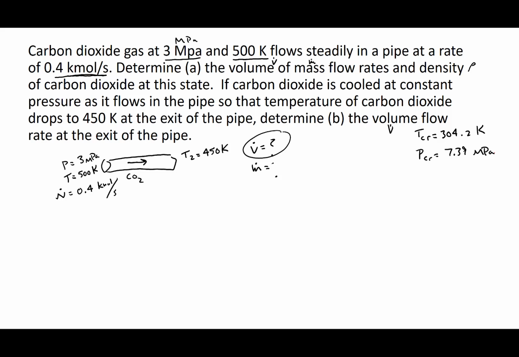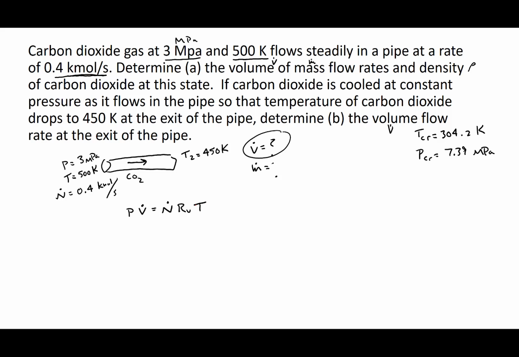So the form of the ideal gas law that we want to use is P V dot, because we're dealing with rates. So the volumetric flow rate times pressure is equal to the number of moles per second multiplied by the universal gas constant multiplied by temperature.